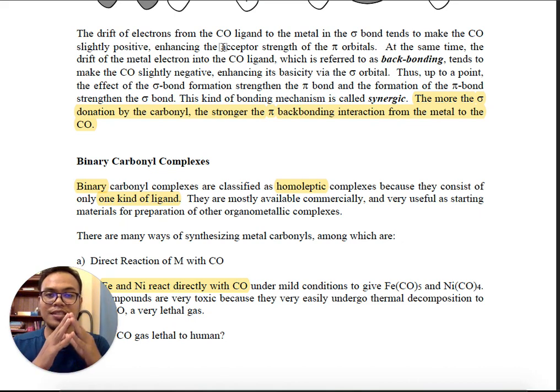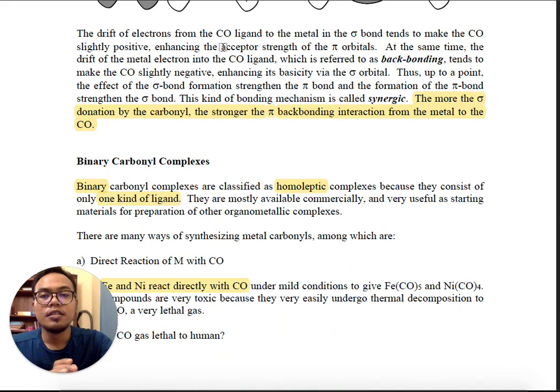So this will increase its basicity via the sigma orbital. Increased basicity refers to the Lewis definition: a Lewis base must be one that can give electrons, an electron giver. So your carbonyl will give the electrons to the metal, and the metal will give back the electrons to the carbonyl. This is called back bonding.